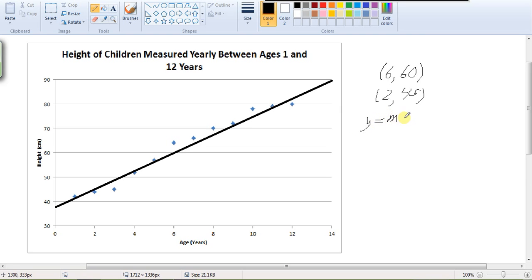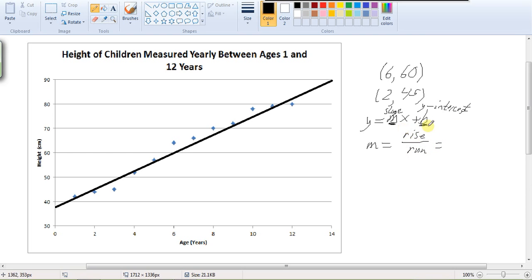The equation of a line is y equals mx plus b, m being the slope, b being the y-intercept. And so we're going to calculate the slope first. And remember, slope is the rise over the run, meaning you need 2 data points.